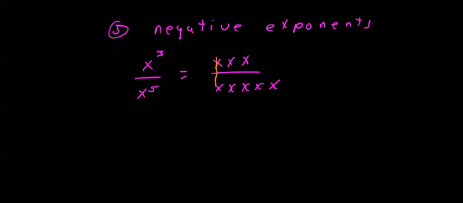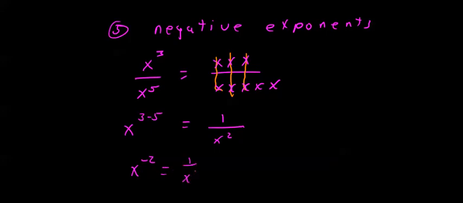Cancel common factors. Those cancel, those cancel, those cancel. I'm left with 1, have to have a numerator, over x squared. If we use our rule where we subtract the exponents, 3 minus 5 is x to the negative 2, which is equal to 1 over x squared.